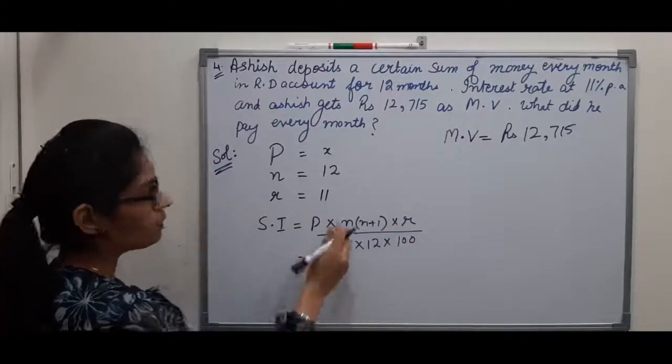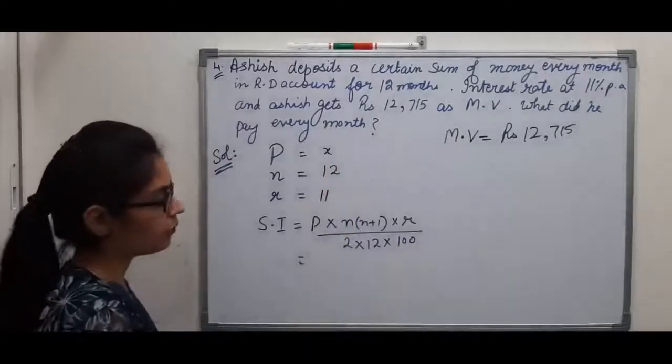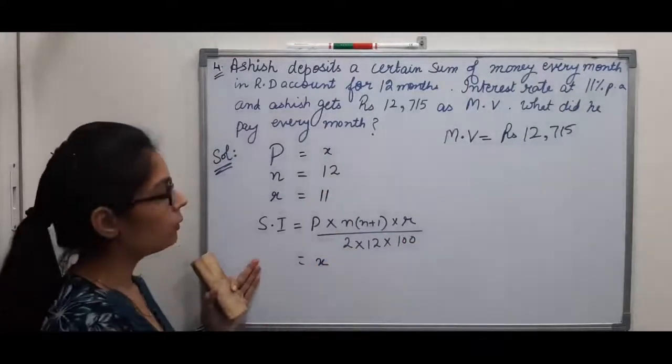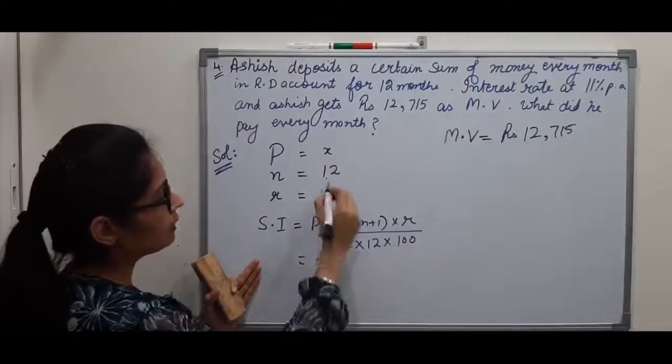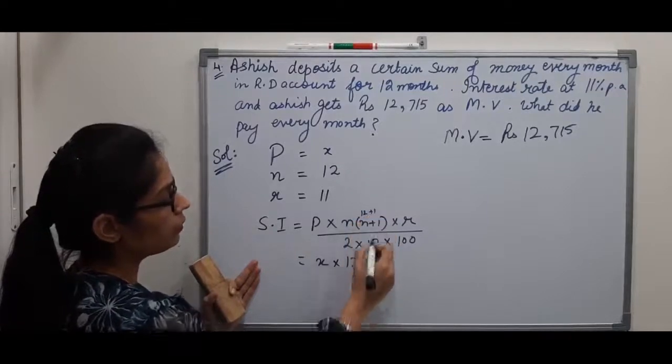I will just substitute the values of P, n and R in this formula. P is X, as I have assumed. n is 12, it's already given. So this is 12 plus 1, it will be 13.